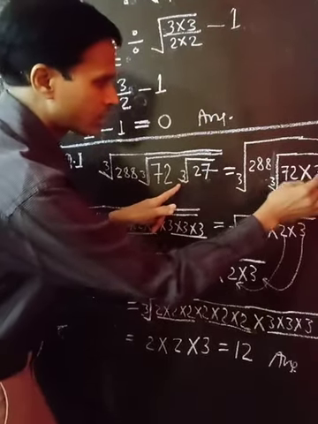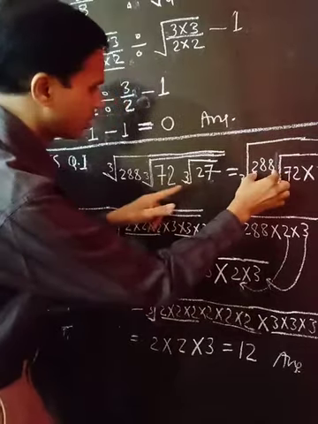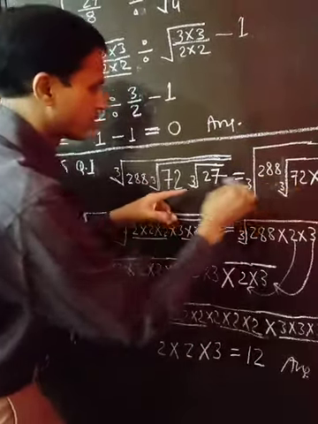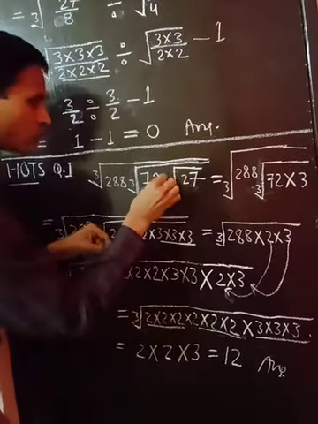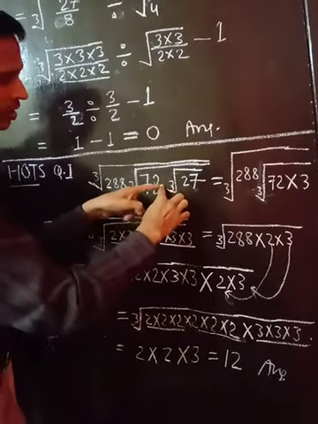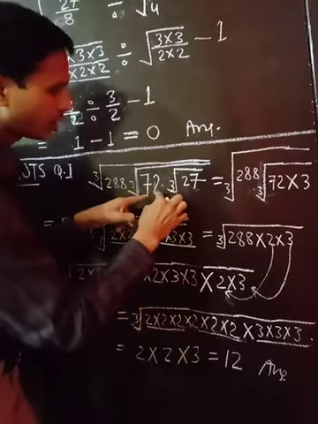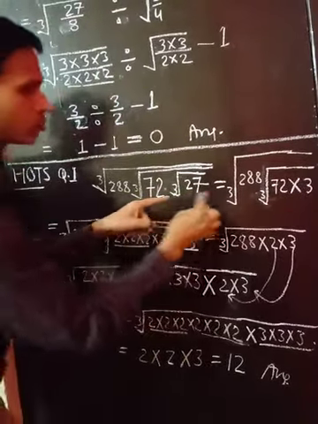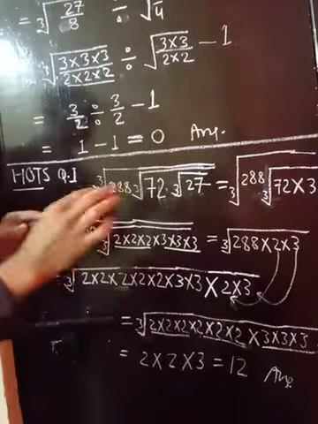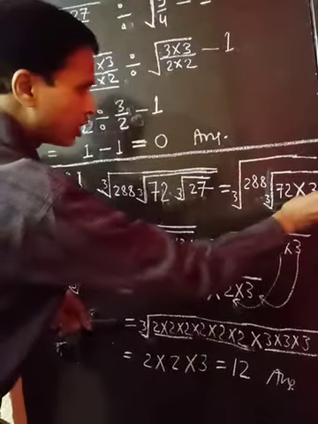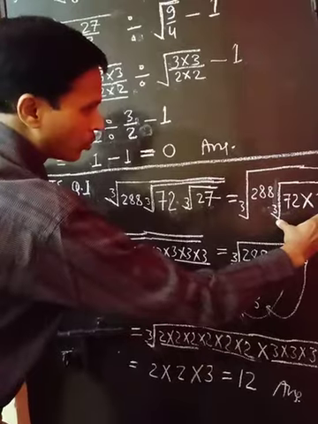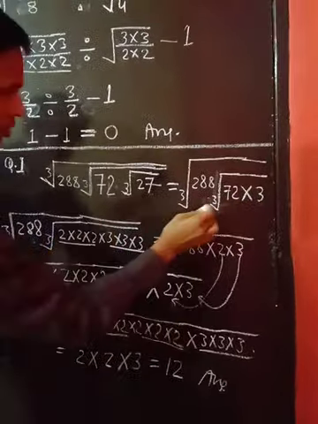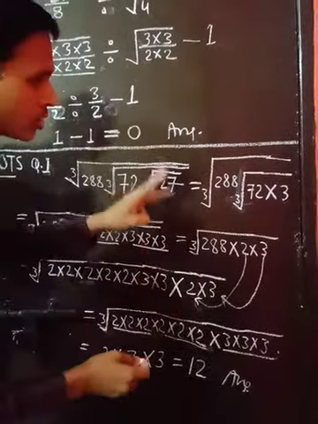So in the next step I have written the cube root of 72 as it is, and in between no sign means multiplication was there. So this will be 72 and this answer is 3. So take care here, 72 multiplied by 3. Now we will solve this 72 and 3 first. This 72 into 3, how will we solve it? The cube root sign is there, so out of these 3's we will take 1.